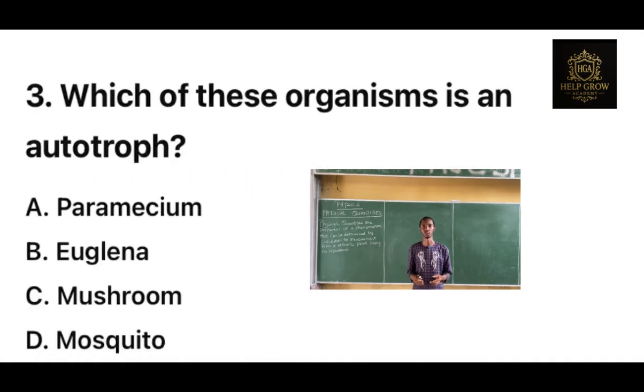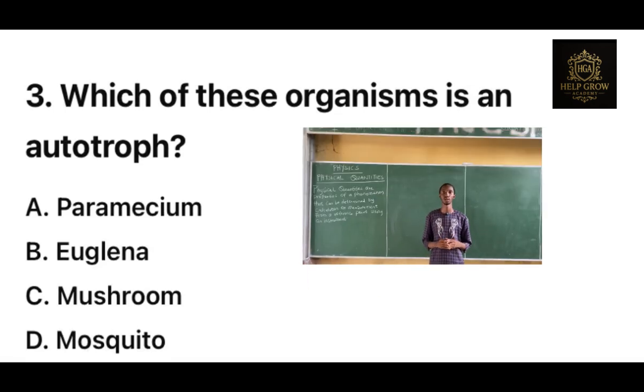Question 3 says, which of these organisms is an autotroph? A. Paramecium, B. Euglena, C. Mushroom, and D. Mosquitoes. The correct option is Euglena.